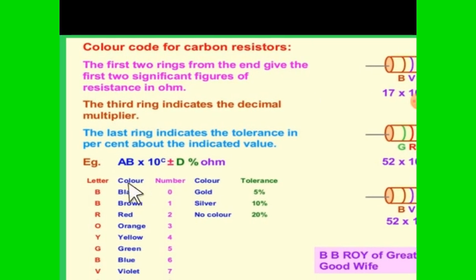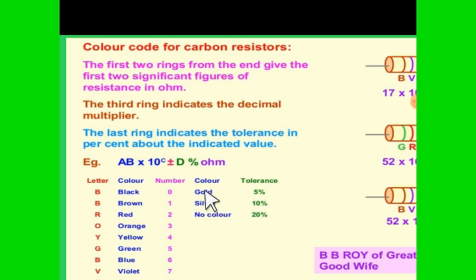Now these are the letters that represent the different colors, and these are the actual colors, and these are the numbers represented by these different colors. In the case of tolerance, it will depend upon the color.